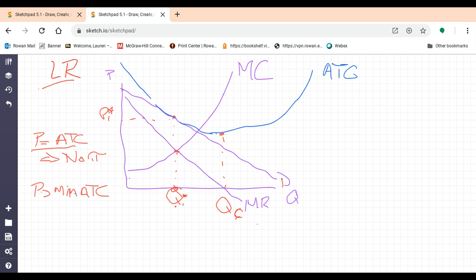The difference between the amount that we're actually producing and this QC, what we would be producing in a perfectly competitive market, is known as this excess capacity.